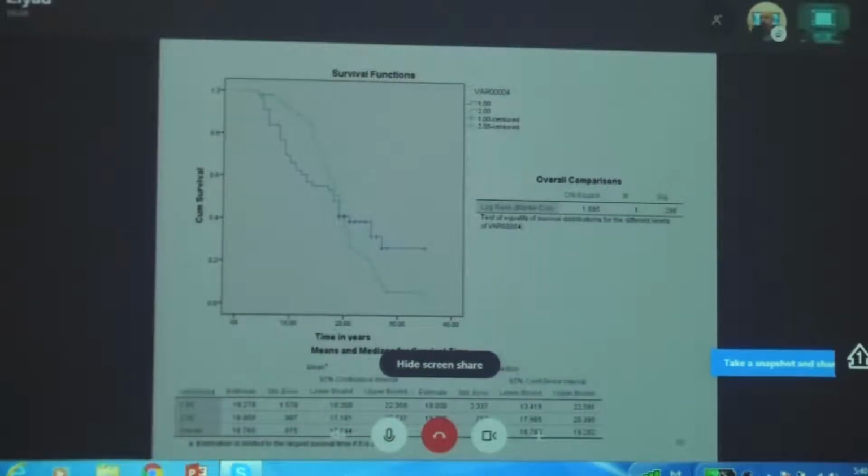Now, if you look at this study, these are two treatments that have almost the same median survival time, which is about 18 and 19 years. But you can see that after that we have a difference in terms of survival, and before that we have a difference.